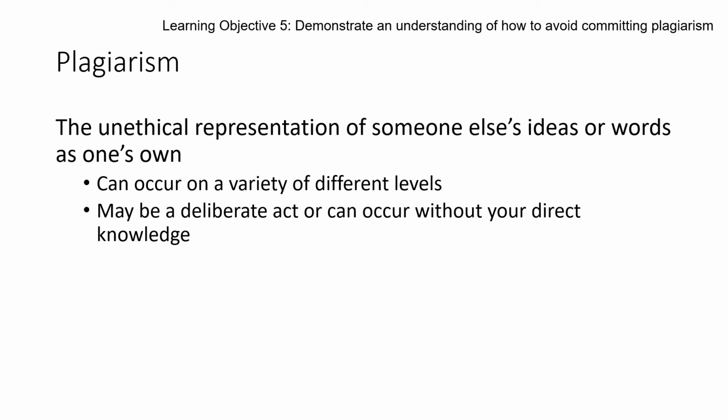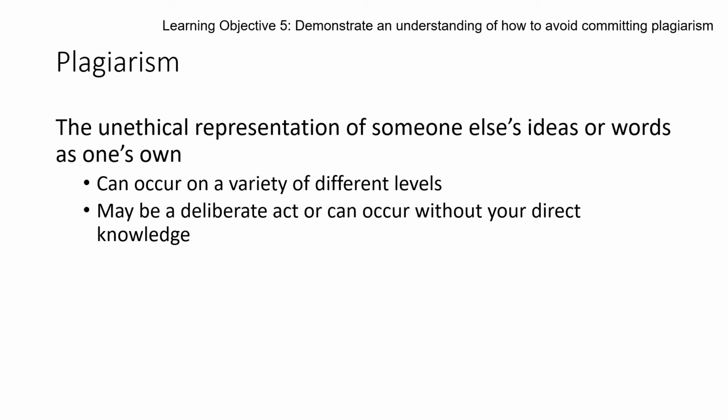The other side of ethical issues and scientific integrity is plagiarism. And this gets us to our learning objective 5, because this is an important one, and that is be able to demonstrate an understanding of how to avoid committing plagiarism, because you guys are going to be writing up a research report throughout the semester, and you need to demonstrate that you are not plagiarizing someone else's ideas. What is plagiarism? It's the unethical representation of someone else's ideas or words as your own.